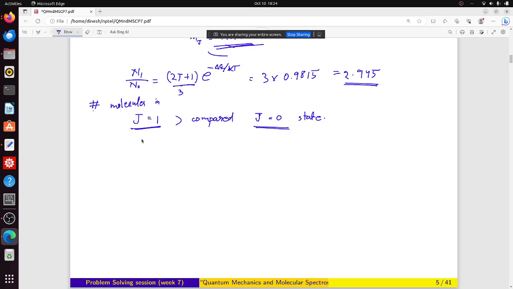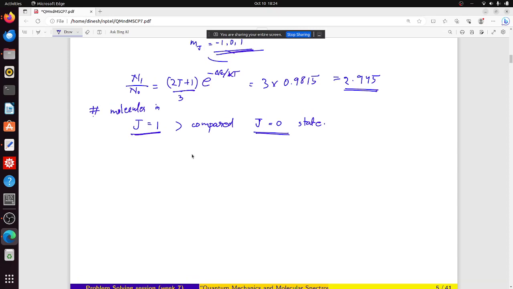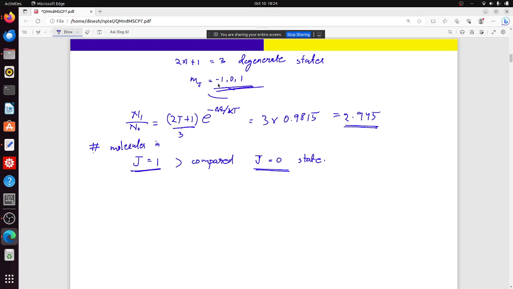If j is more than 0, then there will be degenerate states. So in each degenerate state, each state holds the same energy, right? So they can accommodate the same number of particles. So if j is non-zero, then it can accommodate more number of particles compared to j equal to 0 state. Okay, any doubts?